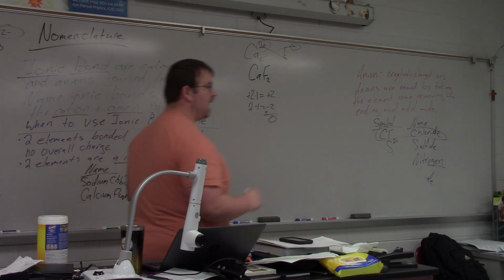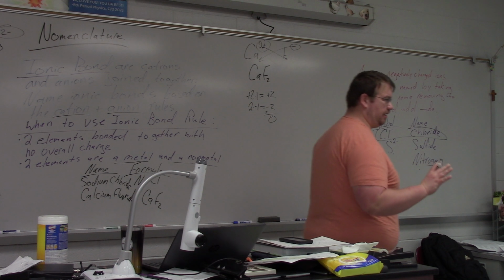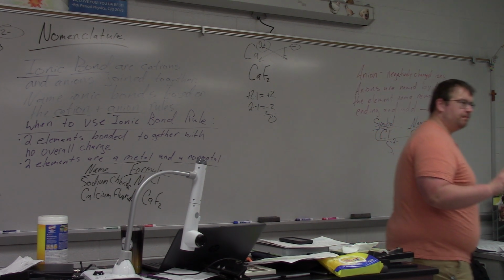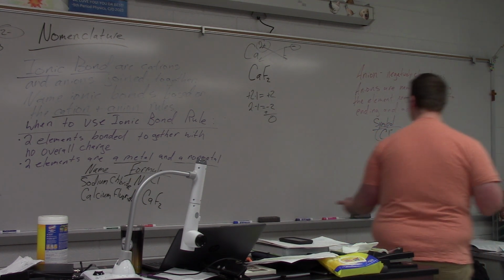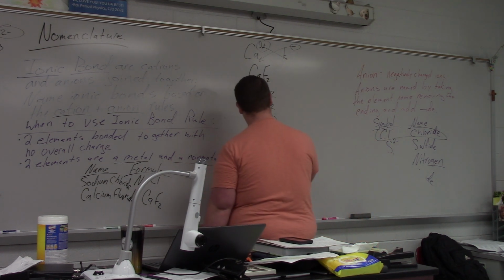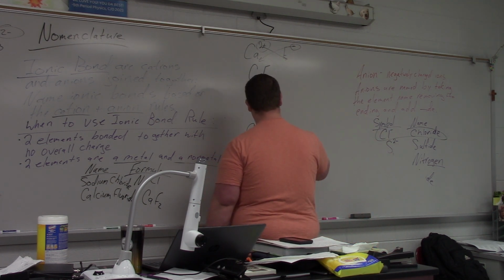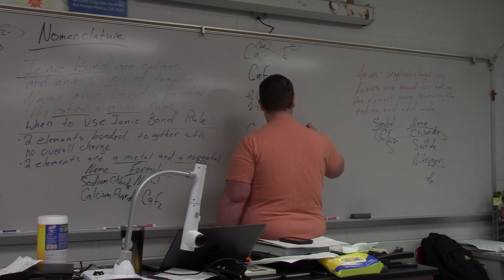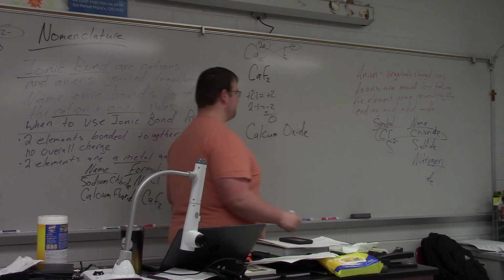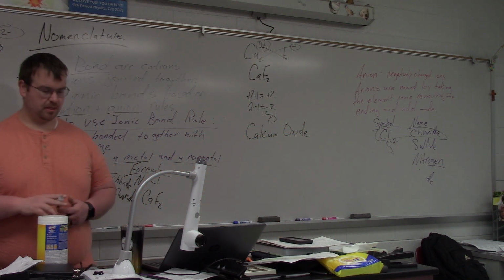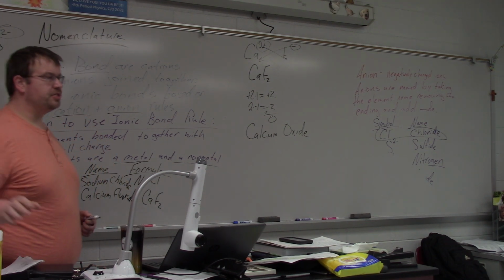I understand it now. Now, life can get a little complicated, okay? You gotta be able to simplify some things out. So let's say, for example, I give you calcium oxide. We're gonna do the same thing we just did.